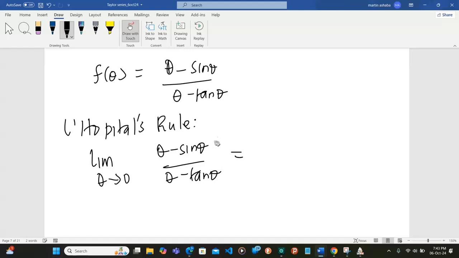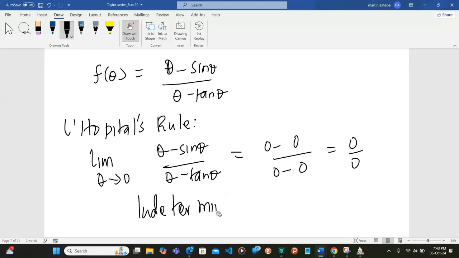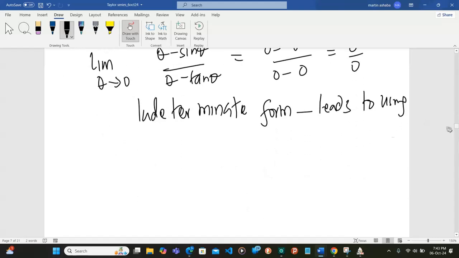When I put in 0 here, this becomes 0 minus 0 divided by 0 minus 0, which is the indeterminate form. So the indeterminate form leads us to using L'Hospital's rule. So what does that mean?